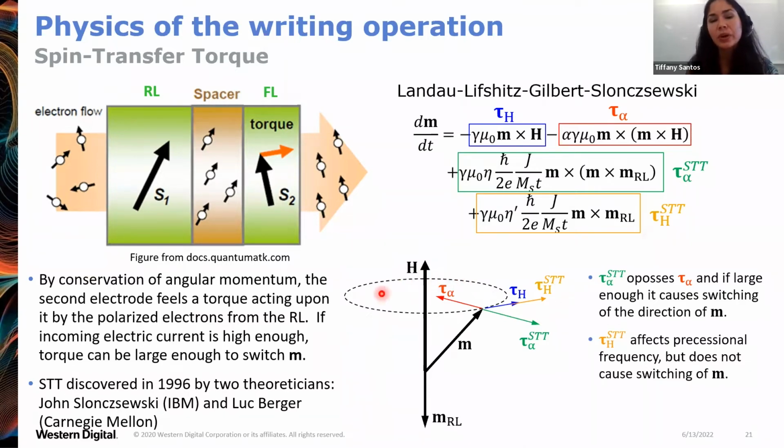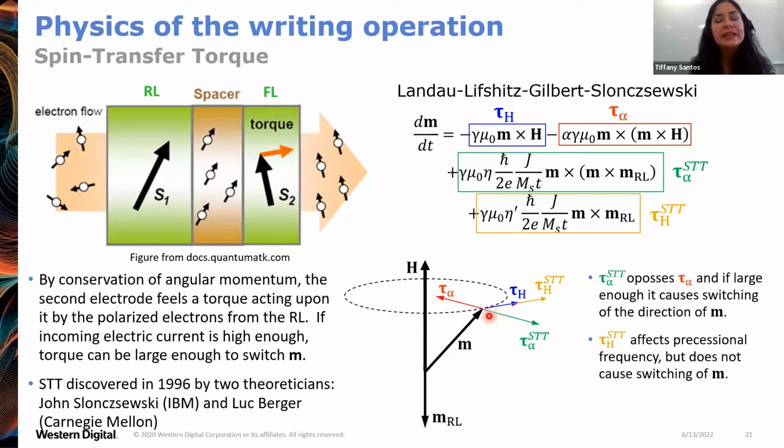And here I'm showing the magnetization dynamics described by the Landau-Lifshitz-Gilbert equation, showing the precessional motion of the magnetization around the effective applied field. And when you pass a current, then you add the Slonczewski terms. I want to point out this green term here, the spin transfer torque one, that flips the magnetization.